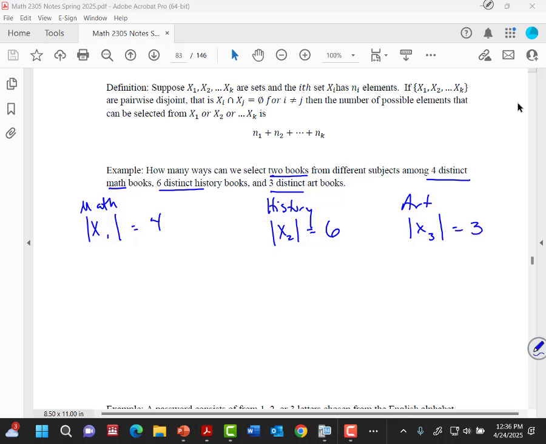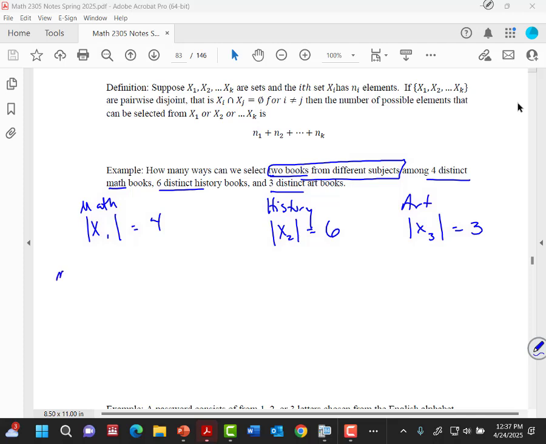Now, each of these are pairwise disjoint, meaning a math book's a math book. It's not math and history. It's one or the other. How many books do we have right here? 4 plus 6 plus 3. All 13 of these books are classified as one and only one, either math, history, or art. So first, let's read this right here, the fact that I need 2 books from different subjects.